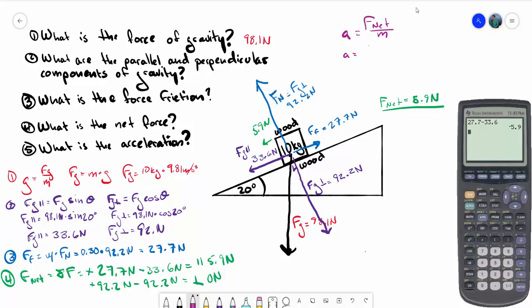Acceleration is equal to 5.9 newtons. We were given mass. Mass is 10 kilograms. If you take 5.9 divided by 10, we'll get an acceleration of 0.59 meters per second squared, going down the ramp.